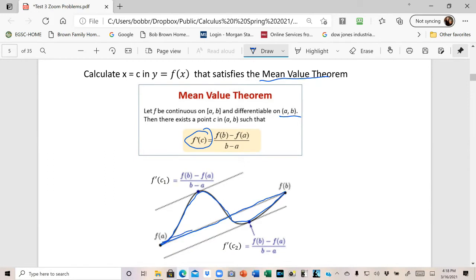In other words, the slope of this particular line here is f of b minus f of a divided by b minus a. That's just simply the slope of the line.